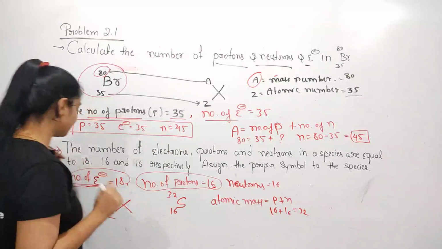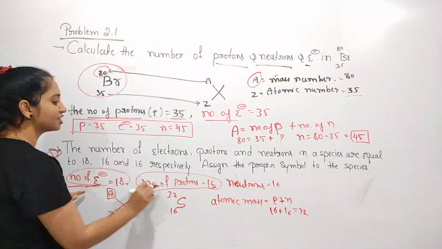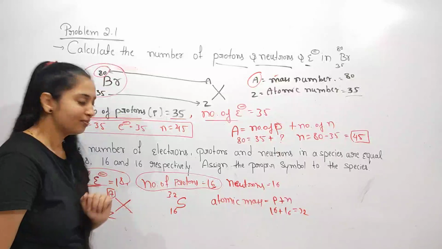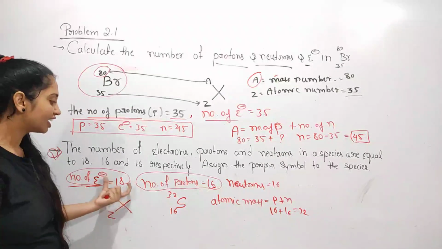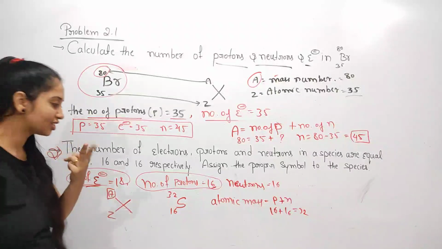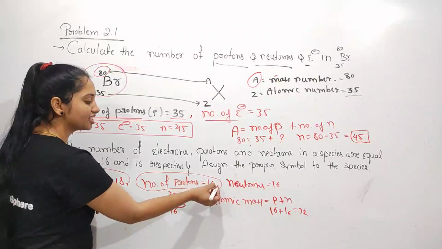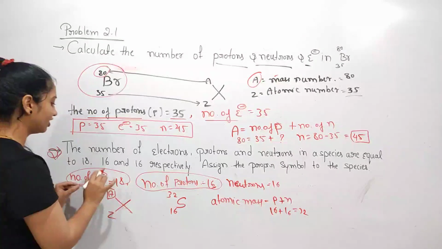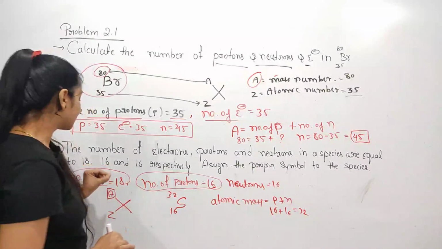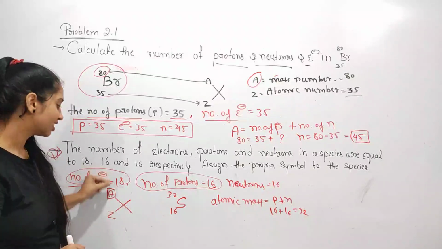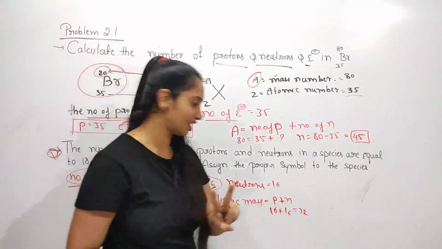But in this case, the number of electrons is not equal to the number of protons. Here, how many electrons are extra? 2 electrons, because the number of protons is 16 and here the number of electrons is 18. So 2 electrons are extra here.